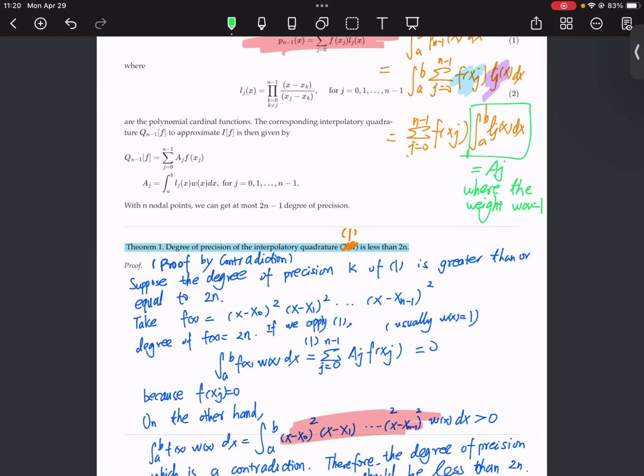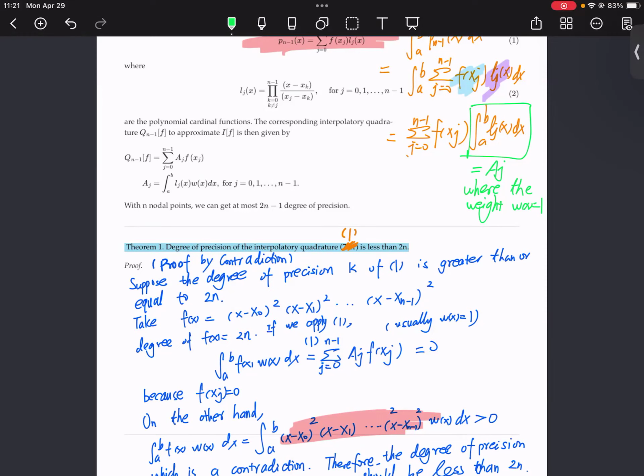And we are going to prove the degree of precision of the interpolatory quadratures. This is at least n, and it is less than 2n, which means that the highest degree of precision we can achieve by this interpolatory quadrature rule is 2n minus 1.